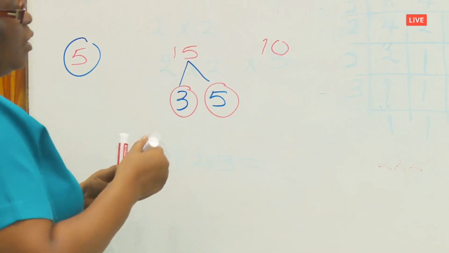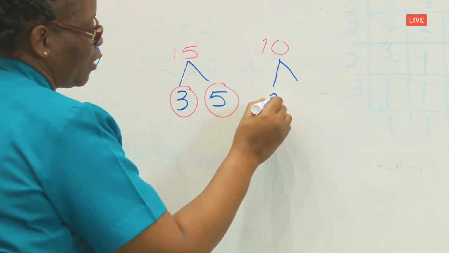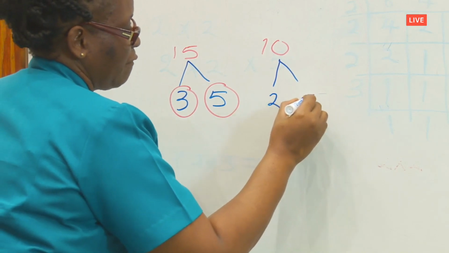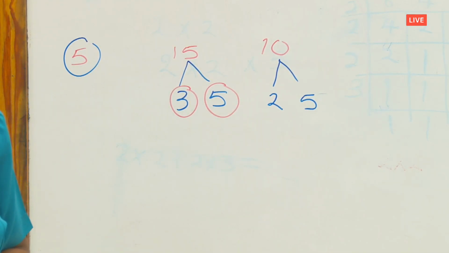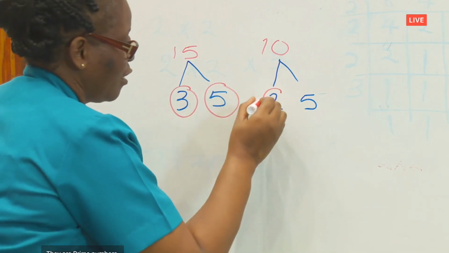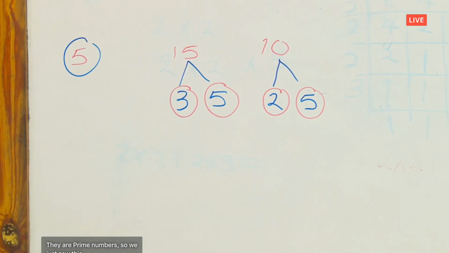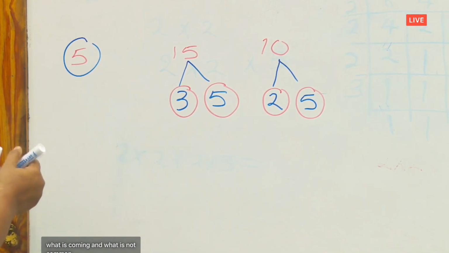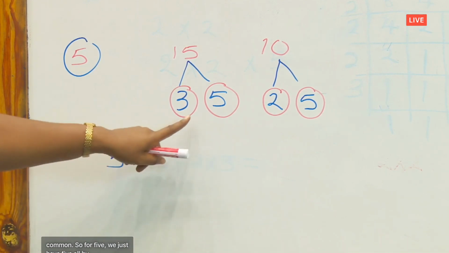Remember, we are looking for the prime numbers. Then I go to 10. I branch 10 and I will have 2 times 5. Same thing here. They are prime numbers, so we just circle these. Now we need to arrange them so we can see what is common and what is not common.